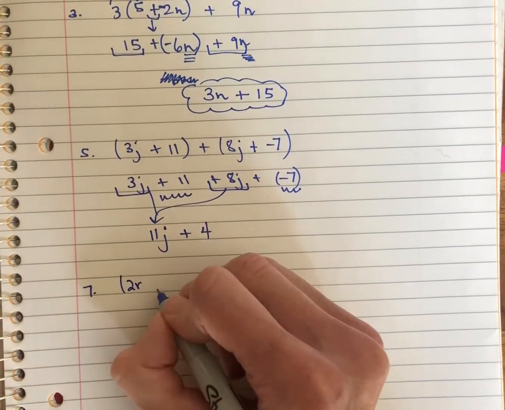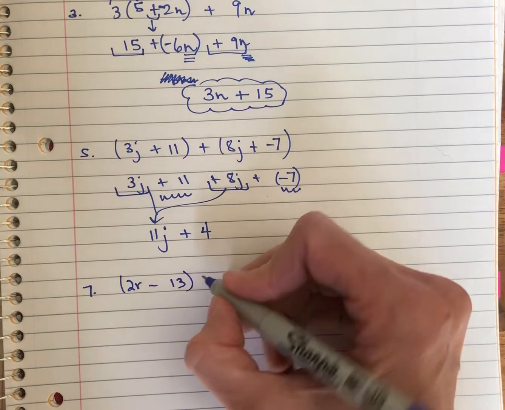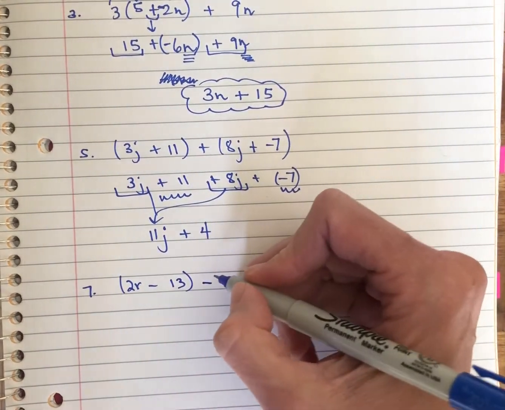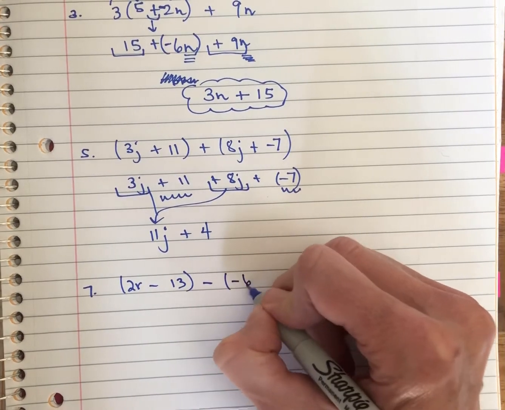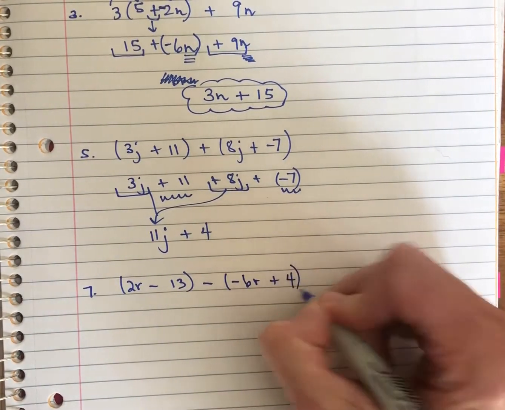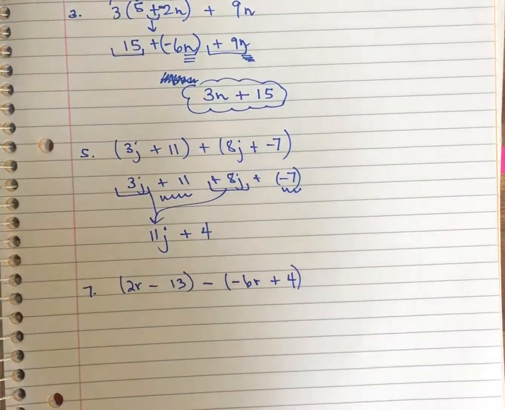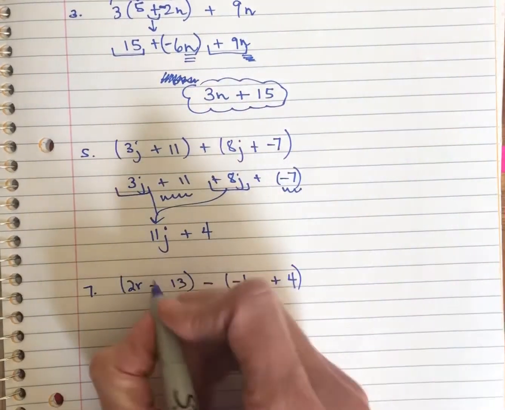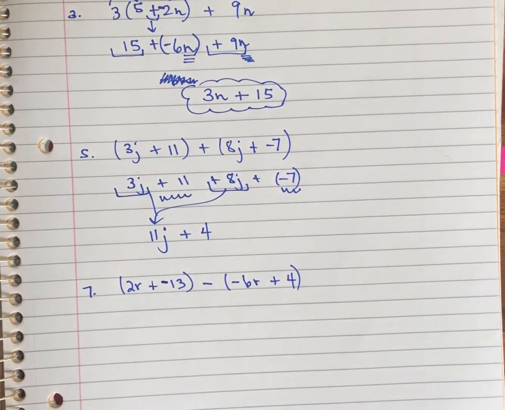Number 7. 2r minus 13, close parenthesis, minus parenthesis, negative 6r plus 4. Okay, let's take care of all the subtraction first. Okay, we have to get rid of the subtraction. So subtraction changes to addition. The second term turns into its opposite.